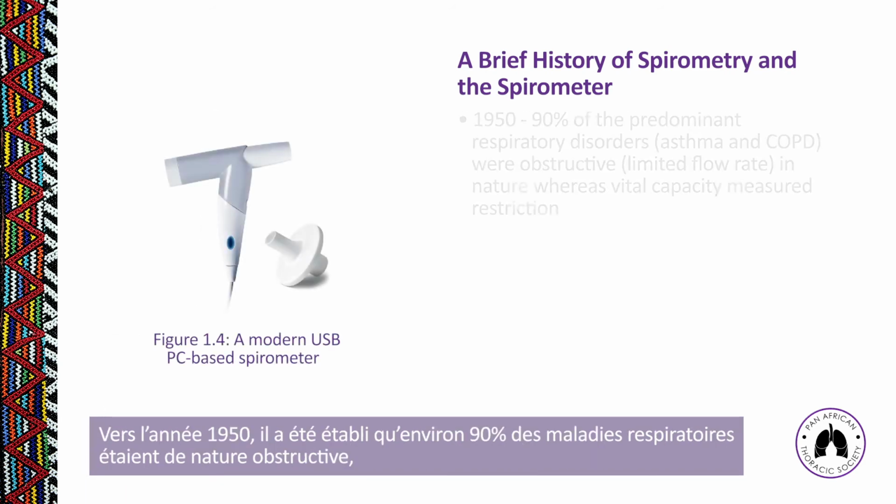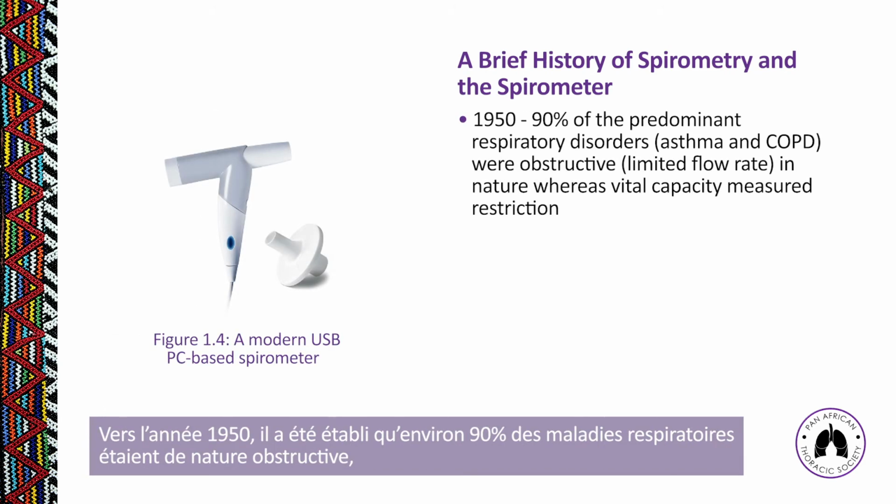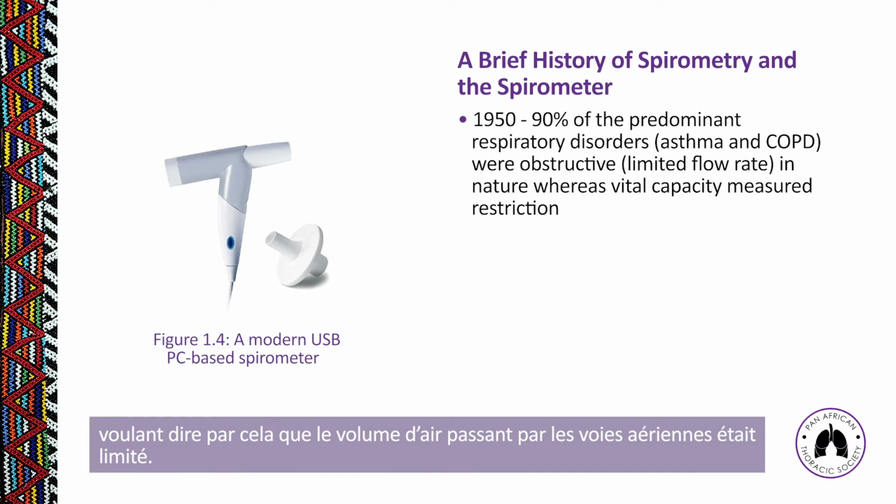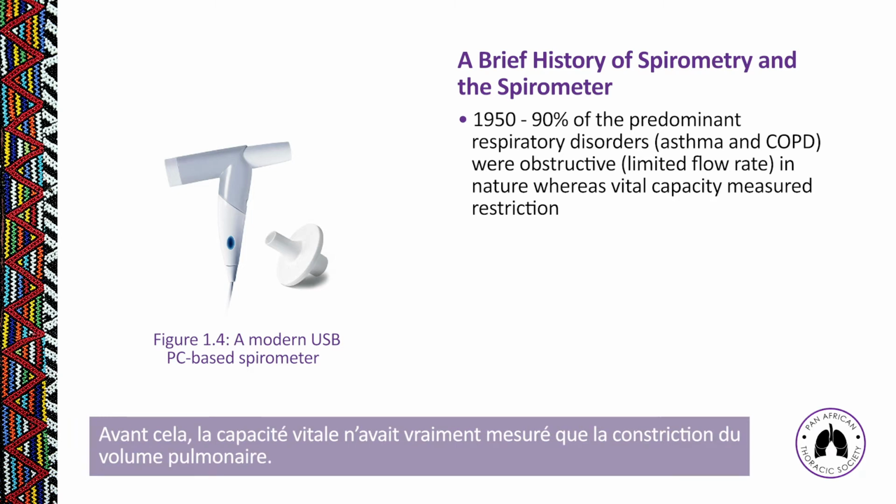Around about 1950, it was determined that 90% of respiratory disorders were obstructive in nature. So what that means is that there was a limited rate of airflow through the airways, whereas previously the vital capacity had only really measured restriction of the lung volume.